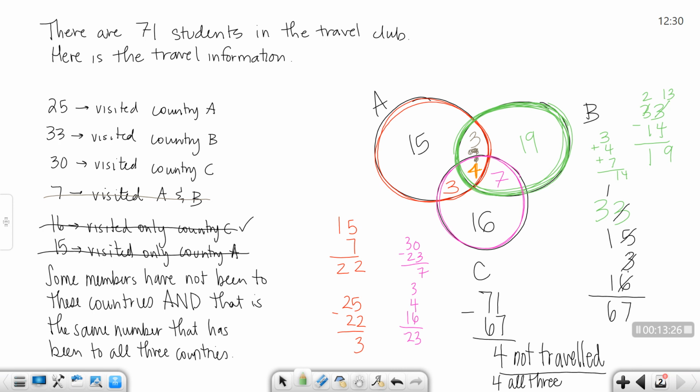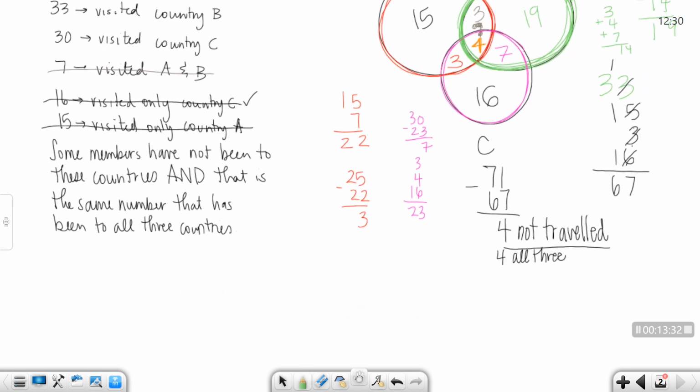Okay? Now I realized I never put the question up there. Okay, so here are your questions for this particular one. It says, how many students have been to all 3 countries? Okay, well that answers 4.